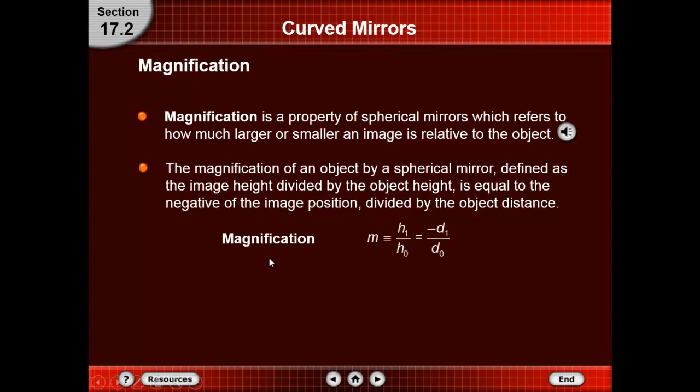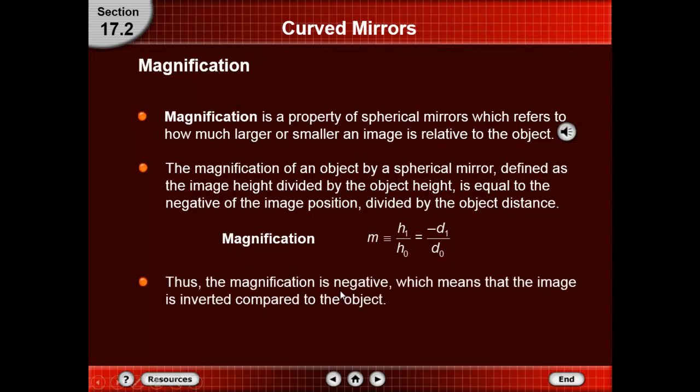So M equals h' over h equals negative q over p. If the magnification is negative, it means that the image is inverted compared to the object.